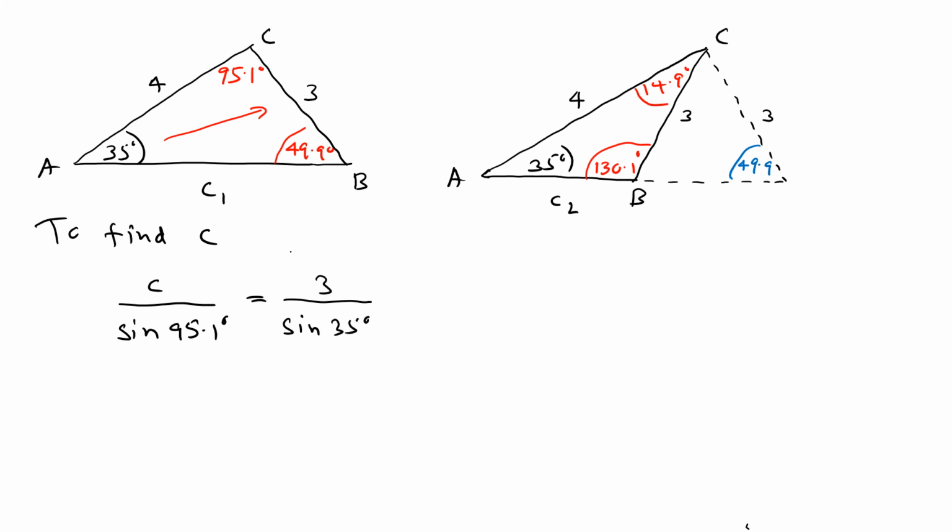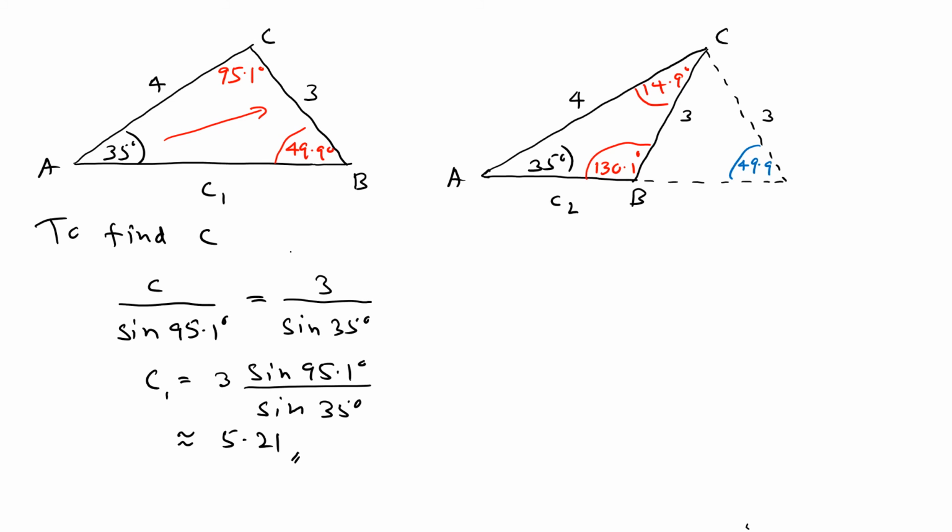Solving this, C is simply 3 times sine 95.1 divided by sine 35, and with a calculator, the C1 value is simply 5.21.